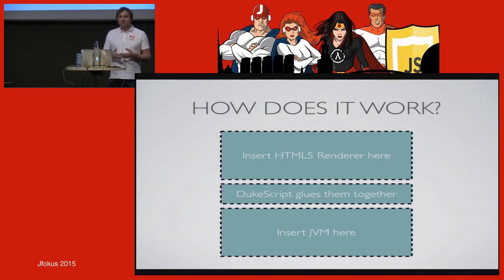The iPhone can render HTML, and obviously Android can do that very, very well. So this is the one component that we need. And the other component is a JVM. So if you have these two components, then we can create the Dukescript layer that glues these two together, and we will support your platform.